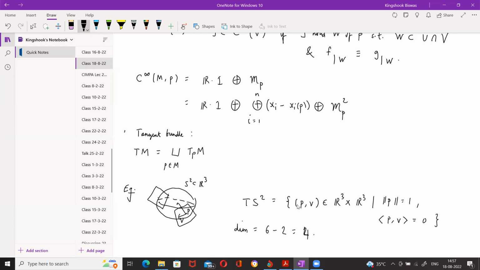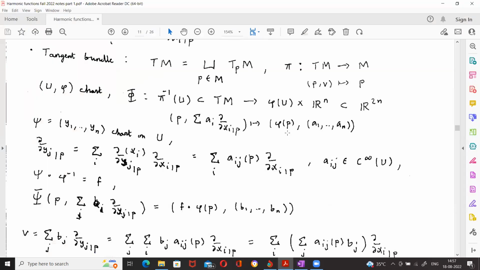All right. So now, in general, what we want to say is that the tangent bundle will be a manifold of dimension 2n. First of all, we have this projection map pi from the tangent bundle to the manifold.